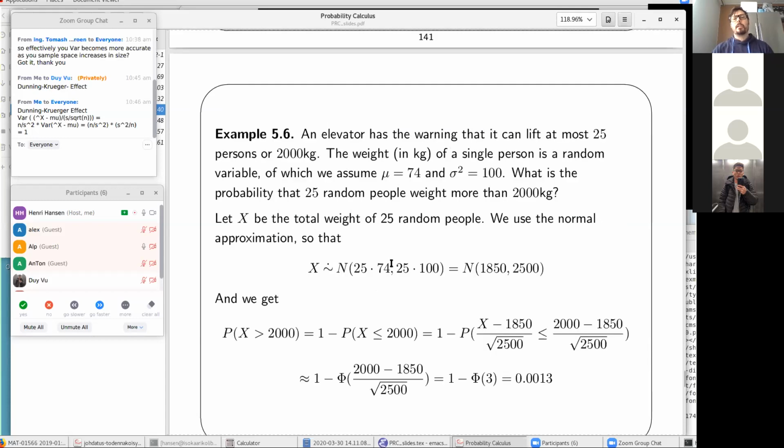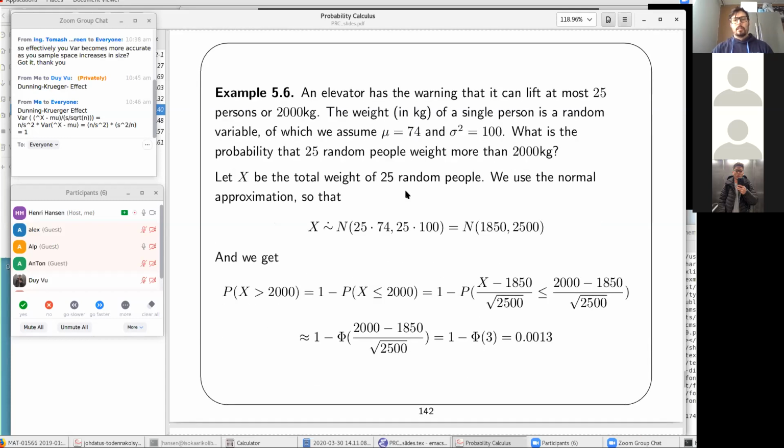Here's an example. We have an elevator with a warning that it can lift at most 25 persons or 2,000 kilograms. The weight of a single person is a random variable, and let's assume that the average weight of a person is 74 kilograms with a standard deviation of 10 kilograms, meaning a variance of 100 kilograms squared.